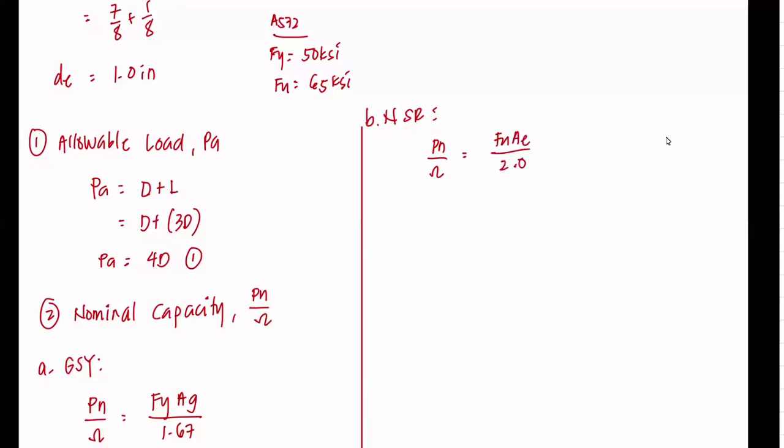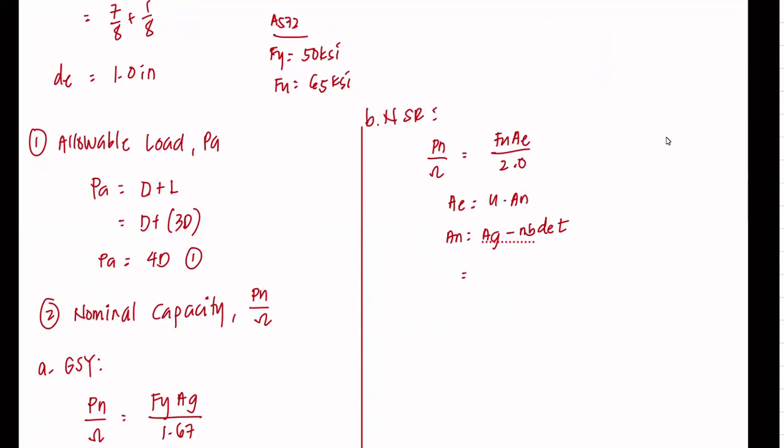But we don't know the value yet of the effective net area, which is U times An, wherein An is equal to Ag minus the number of bolts during rupture, times the effective diameter of the hole and the thickness of our connected member.